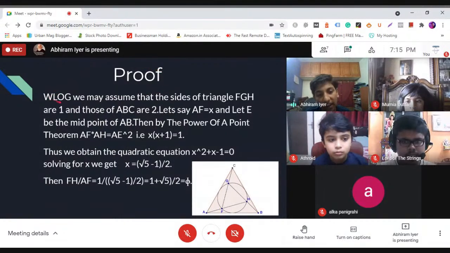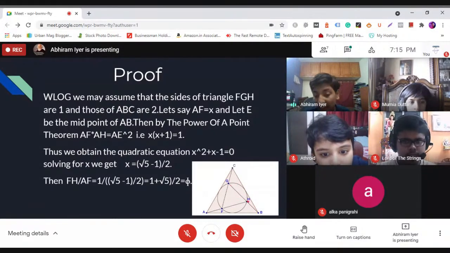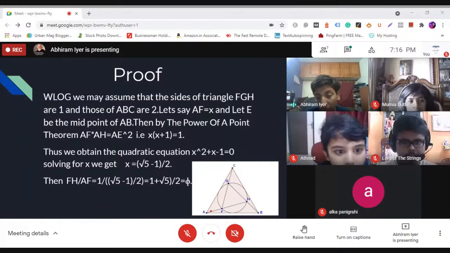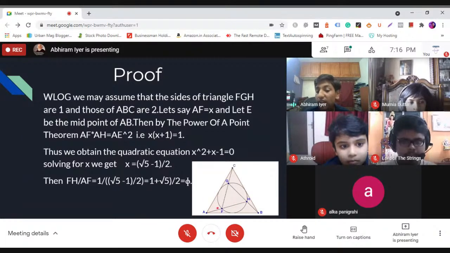Without loss of generality, we may assume that the sides of the bigger triangle are 2 and of the smaller triangle are 1. And also let's assume that AF is equal to some number x, and let E be the midpoint of AB. Then naturally AE is 1, as AB is equal to 2. Then by the power of a point theorem, we get that AF times AH is equal to AE squared. But AF is x and AH is x plus 1.